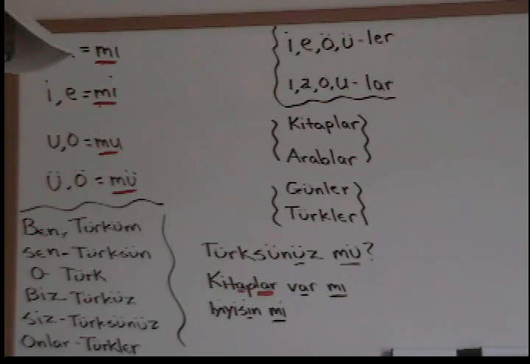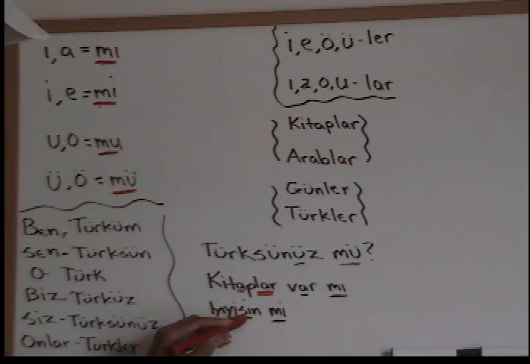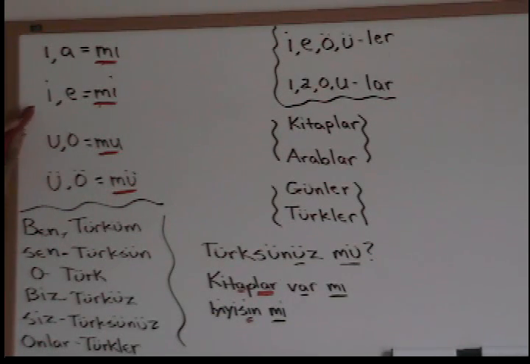Okay, another example. Iyi misiniz? Now it's i here, mi. Are you well? Are you good or okay? Iyi misiniz. So look at the letter before the last. It's an I. So it's mi. See, if you go back up here, it says if it's an I, it's going to be mi.